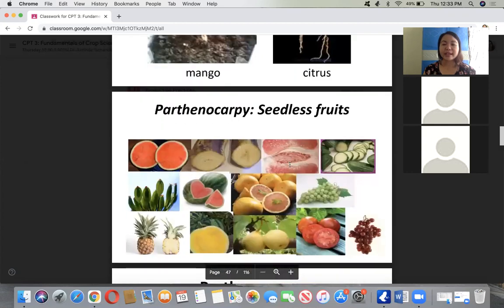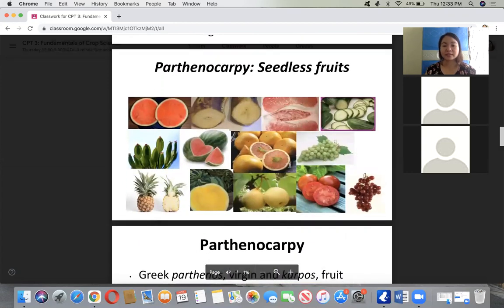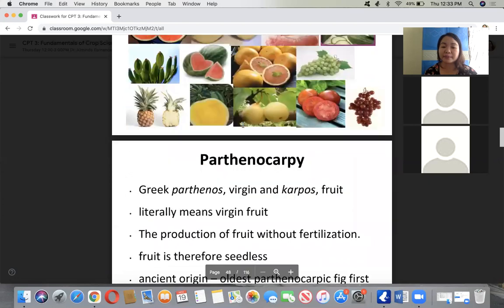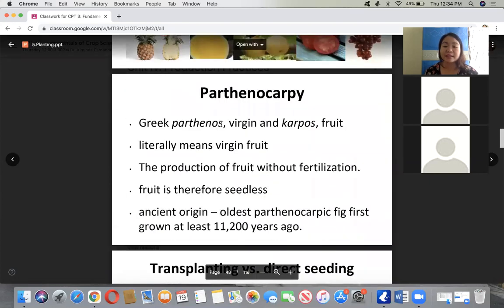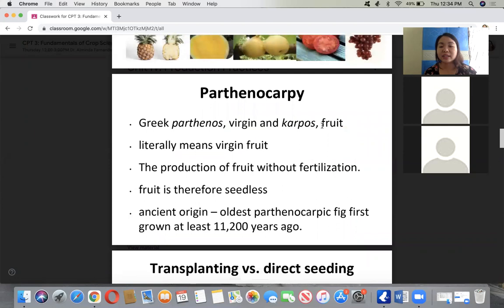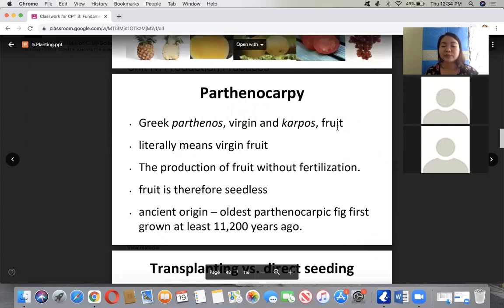So we also have another ambiguousness of plants, which we call parthenocarpy, or they are called seedless fruits. We all know that parthenocarpy can be natural or through GMO, no, or genetic engineering. But most of these plants are already parthenocarpic, which means that they are virgin, and carpus means fruit.